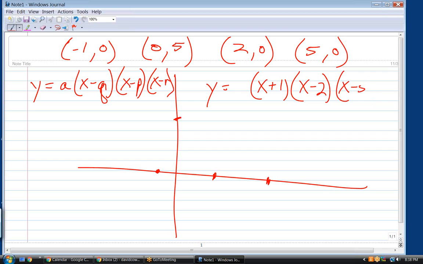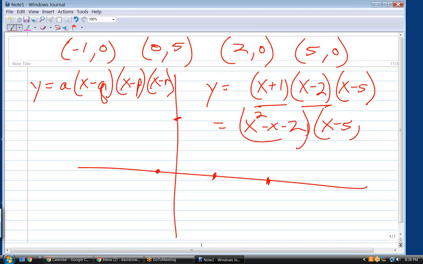How do I do that? Don't you put x in as 0 and then just multiply 1 times -2 times -5? No, multiply that times that. What do you get? I don't know, x squared plus x minus 2. Now multiply that by x minus 5, and what do you get?